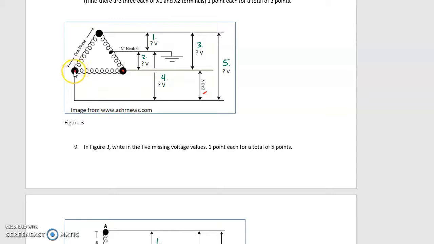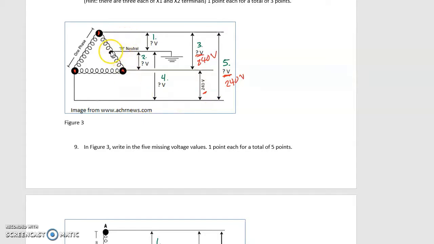That means from this point to this point, this phase voltage is also 240 volts. That's this voltage right here, 240 volts. And then from this point to this point, again, 240 volts. That's this voltage here, 240 volts.